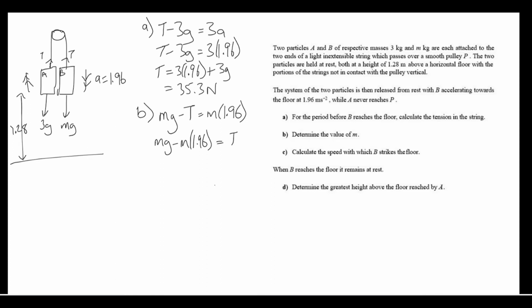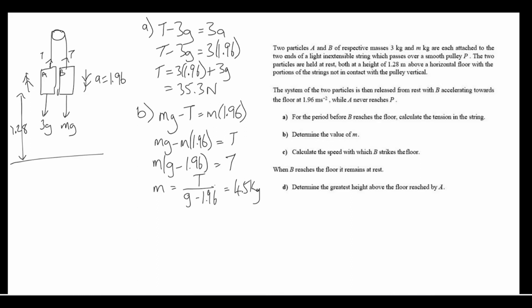I'm going to factorize here to make m the subject. I haven't even touched my calculator yet. All of this rearranging lets me know what to put into the calculator: my value for T divided by g minus 1.96. All into the calculator, that gets me 4.5 kilograms. That is the mass of particle B.